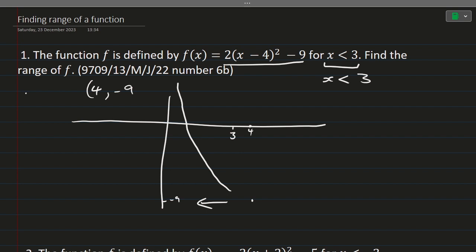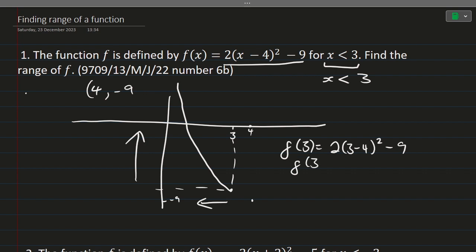Now we can tell that our curve is increasing going upwards. To find our range, we need to know what the y value is when x is 3. So we'll substitute into our function: f of 3 is equal to 2 times (3 minus 4) squared minus 9, which gives us minus 7.